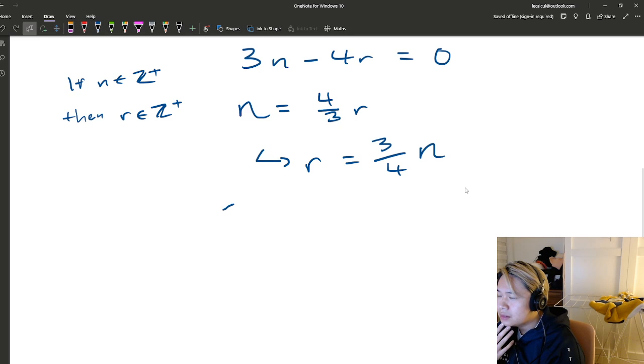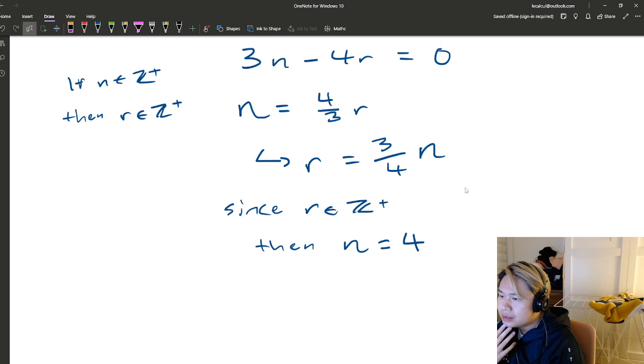So since r is a positive integer, then n needs to be some multiple of 4.